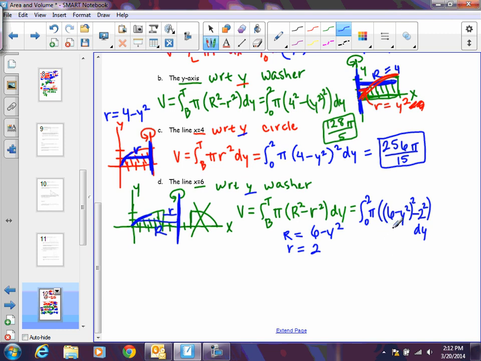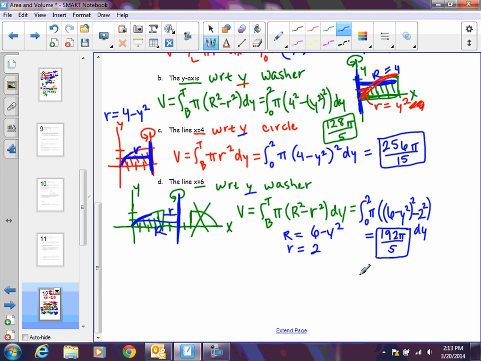The parentheses can take a lot of time and it's easy to make mistakes. So this should be 192 pi over 5. I really would encourage you, if parentheses on the calculator get you, you need to practice this. And some of those still are points.